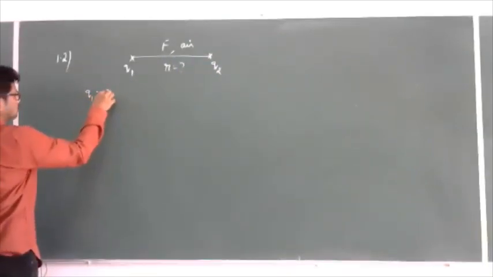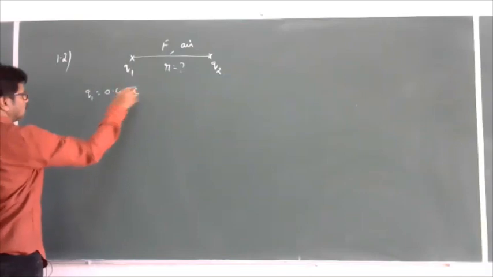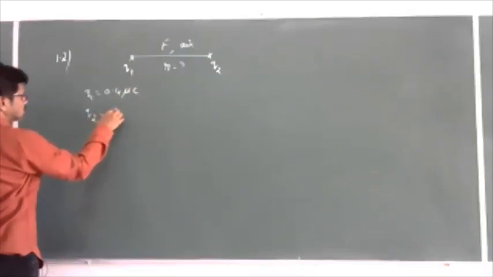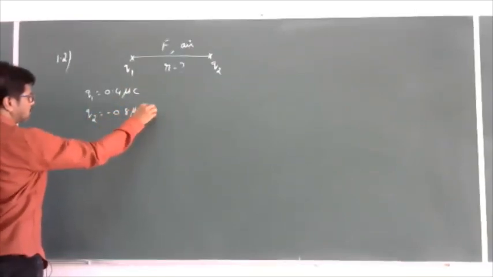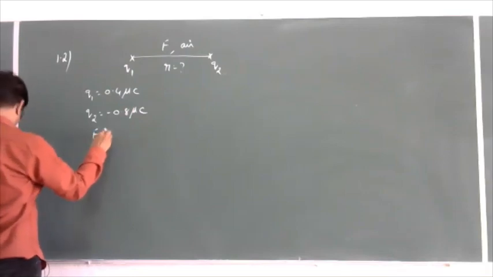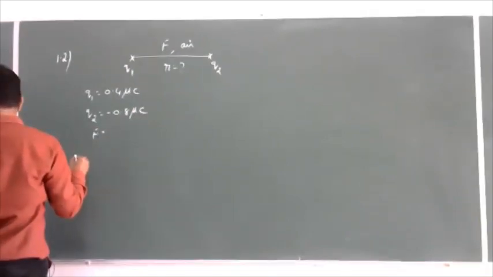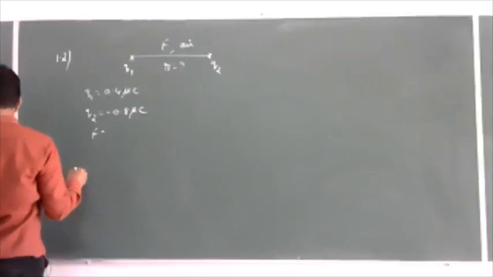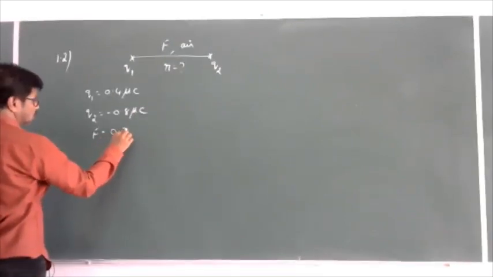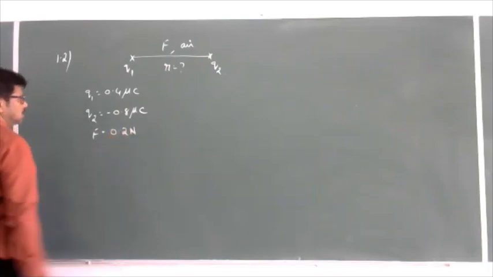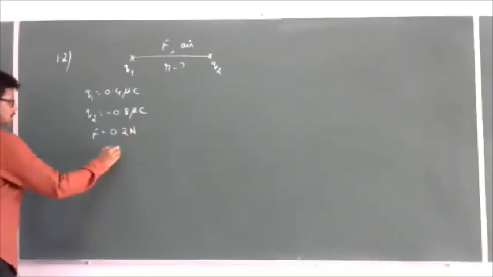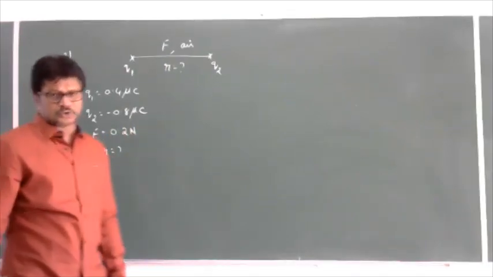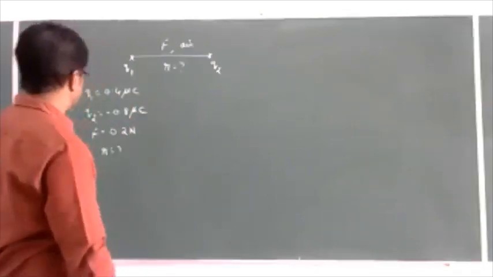Whereas Q1 is equal to 0.4 microcoulomb, Q2 is equal to minus 0.8 microcoulomb, F is equal to 0.2 Newton. Then what is the distance between those two charges?